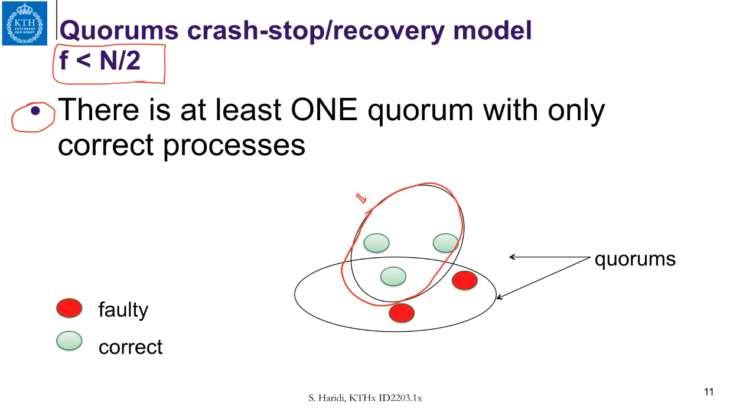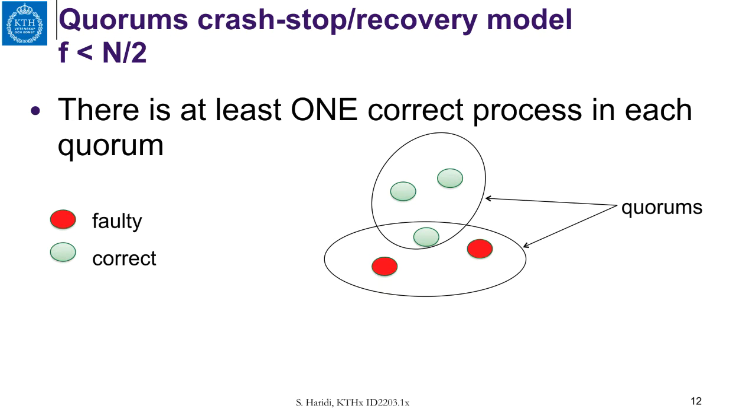Since the set of all processes is equal to the set of correct processes union the set of faulty processes, and the number of correct processes is at least a majority, we always have a quorum of correct processes. And that is our assumption. We always assume there is a set of correct processes that will survive in the system, and therefore that set of processes is a quorum.